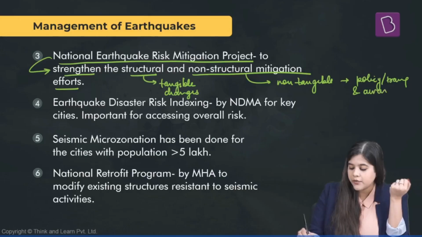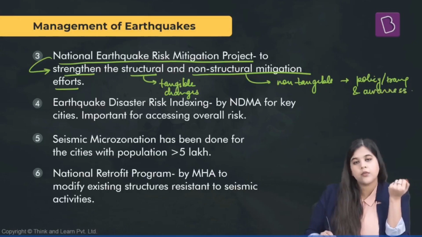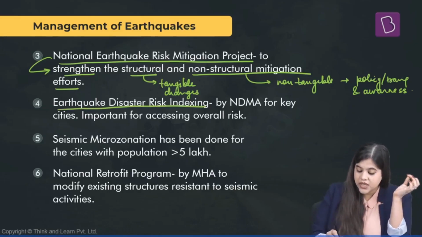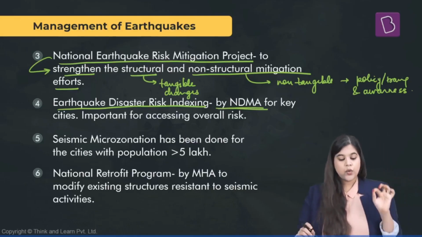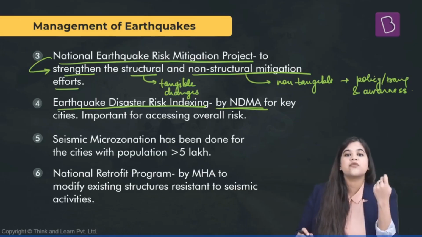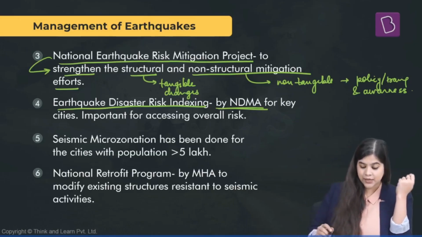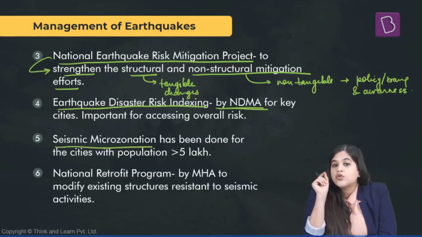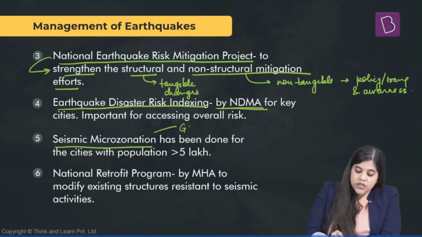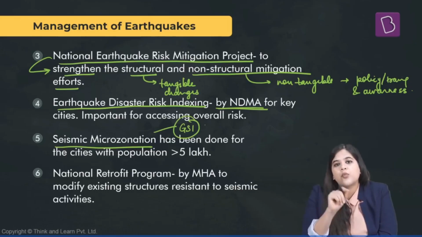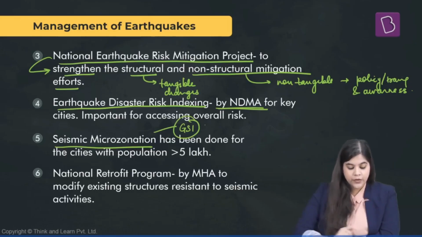and awareness related activities. The earthquake disaster risk indexing is done by NDMA to identify the key cities which are susceptible to earthquakes and how mitigation efforts can be taken up in these areas. The seismic microzonation, in fact, has also been done by the Geological Survey of India for all the cities that have a population greater than 5 lakh.